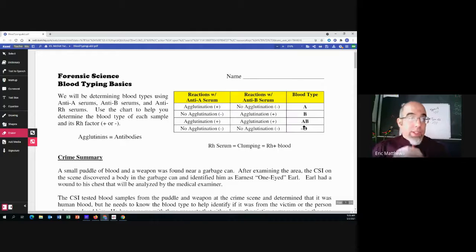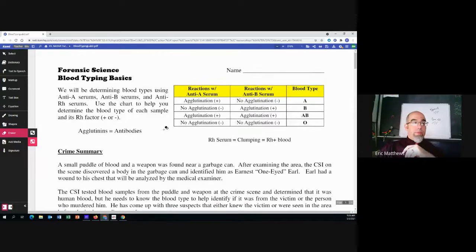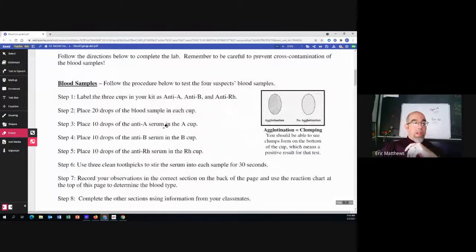Now, the setup for this lab is pretty extensive. What we're going to do is use these little plastic dishes, and we're going to add a couple drops of each of our blood samples to all 3. We're going to add the anti-A to one, anti-B to the second, and anti-RH to the third.